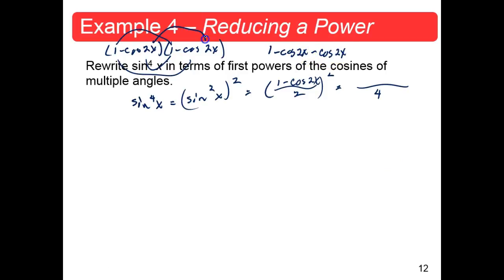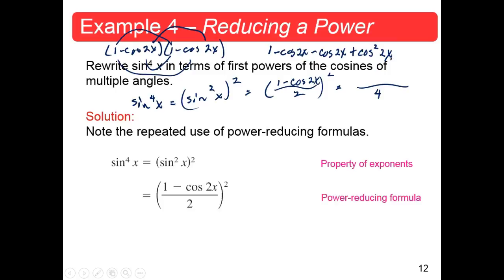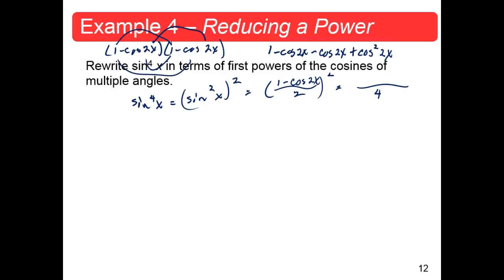And the last will be plus cosine squared of 2x. Okay. And then all you have to do is combine like terms, and that gives you 1 minus 2 cosine 2x plus cosine squared of 2x.